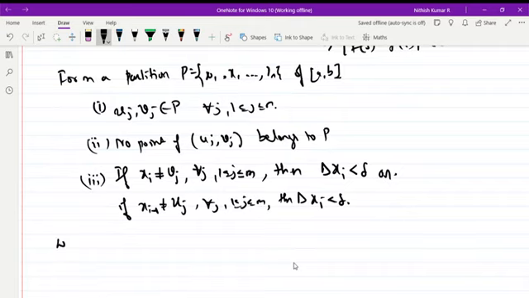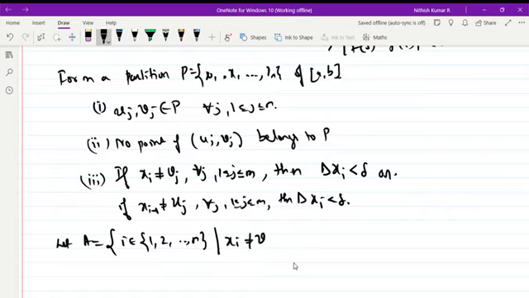Now let us take A equal to the set of all i belonging to 1, 2, 3, and so on up to n, such that xi is not equal to vj for all j between 1 and m.